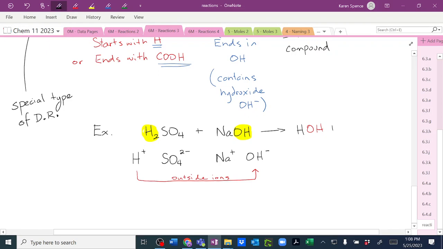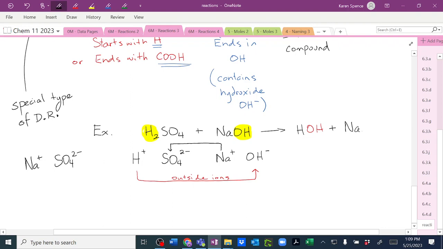My other product, what am I going to combine? I combined the outside ions. Now I will combine the inside ions. Do I do that in a forwards direction or a backwards direction? Backwards direction. So Na is going to come first because our cation always comes first. SO4 is going to come second. What is the correct formula for a compound made of Na plus and SO4 2 minus?